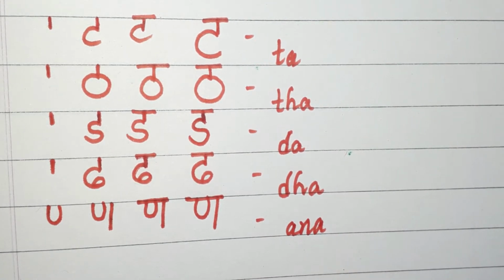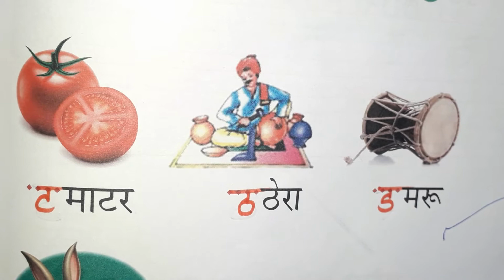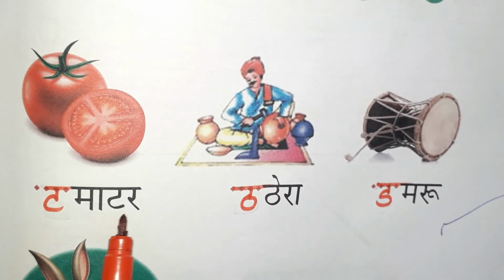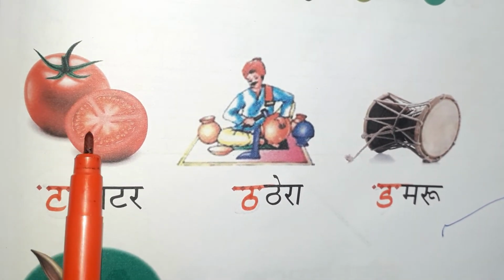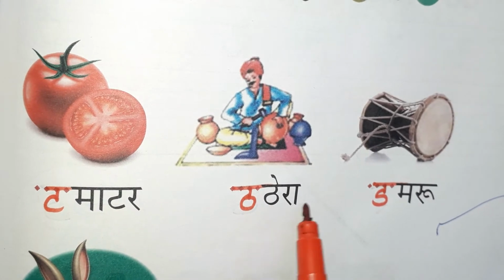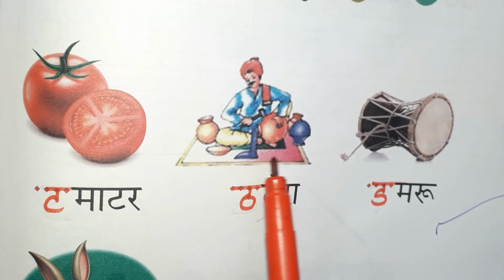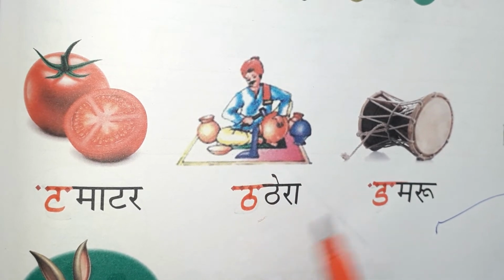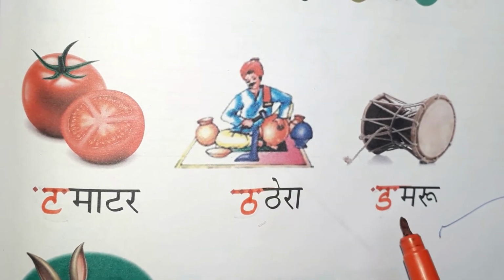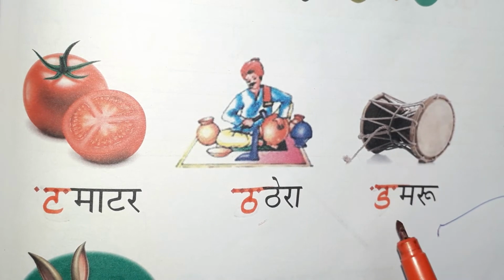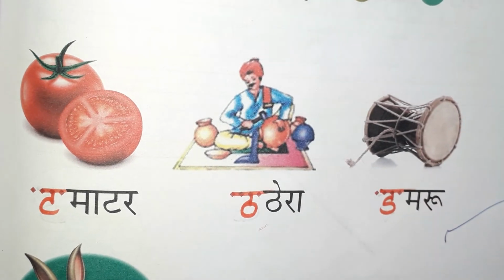Okay, so let's learn some new words. T say tomato. Tomato means tomato. Th say thathera. We'll say this is thathera, like who is making pots and all, right? Da say damru.